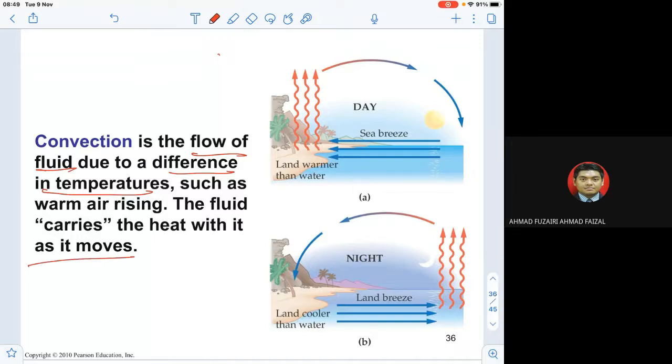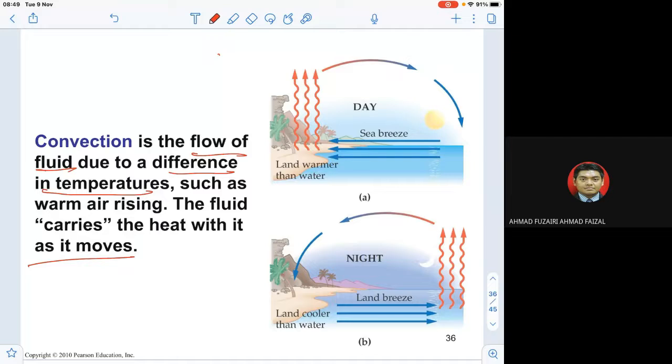So it happens in the sea breeze and the land breeze. Basically, when we go to the beach in the daytime, we can feel a sea breeze. Compared to land, water has a greater specific heat during the daytime, and the land will get warmer easily compared to water.